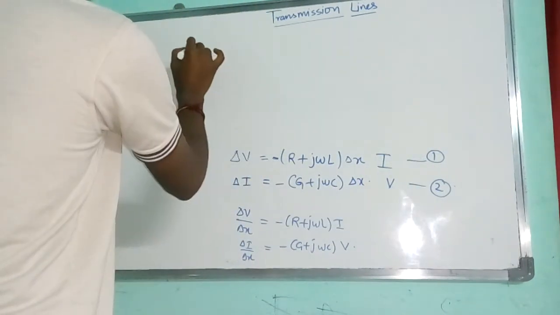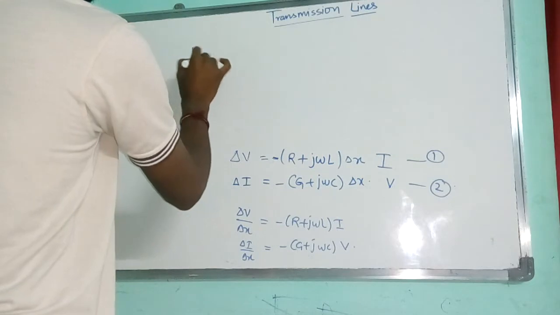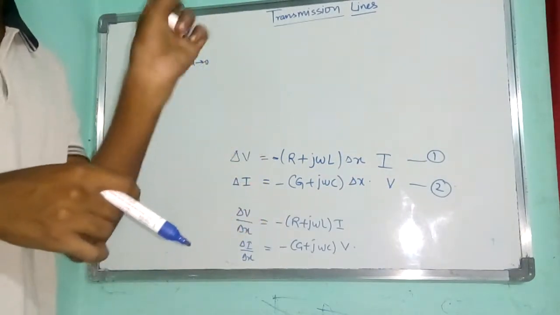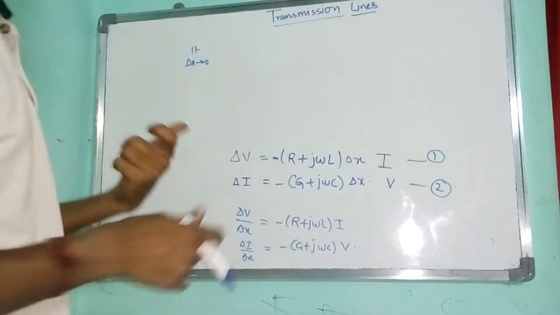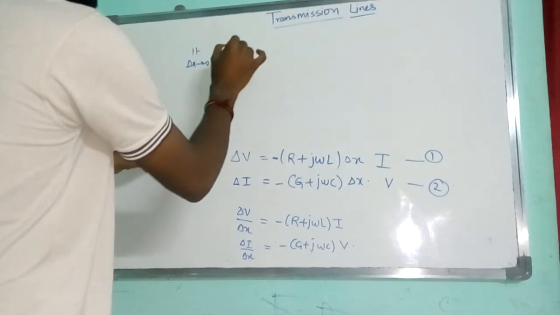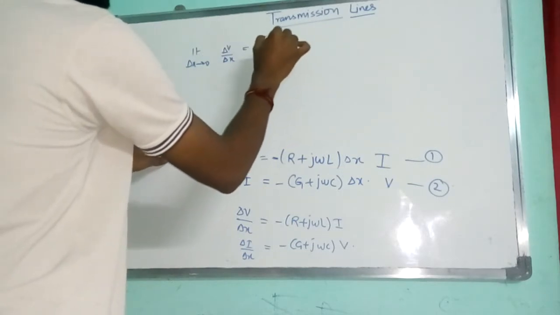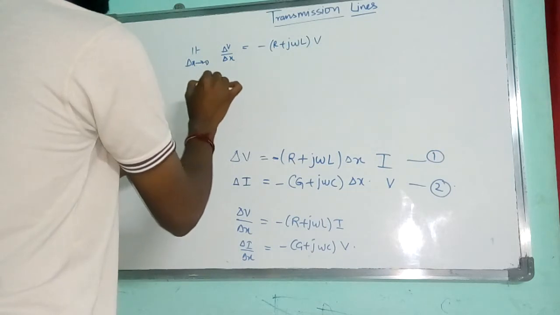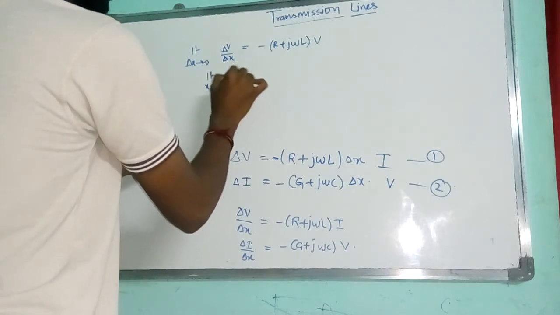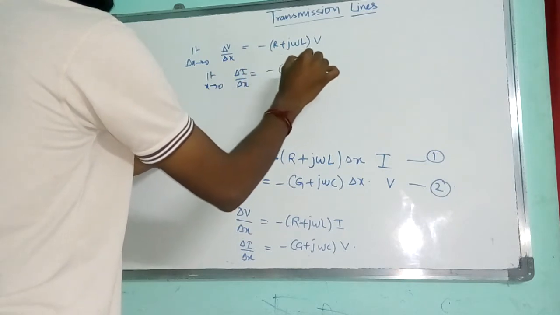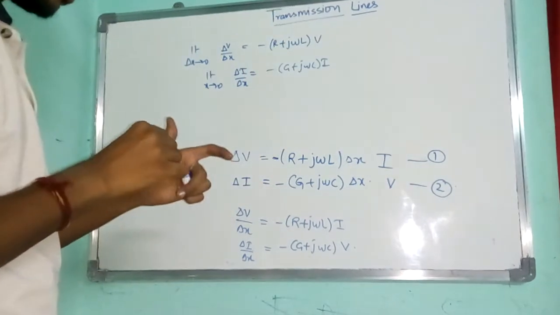Apply the limit, delta x tends to 0, because we want to consider the entire cable and we have started with a small part and I am approximating it to 0. Delta V by delta x equal to minus R plus j omega L into I, limit delta x tends to 0. Delta I by delta x is given by minus G plus j omega C into V.